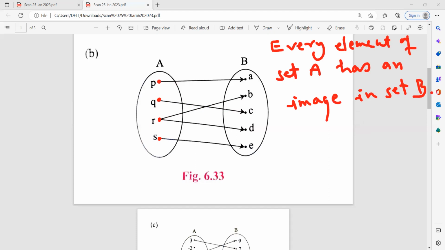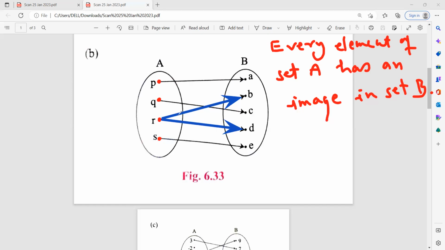But look at the next condition. What I notice is that from one element, which is R, there are two arrows originating.